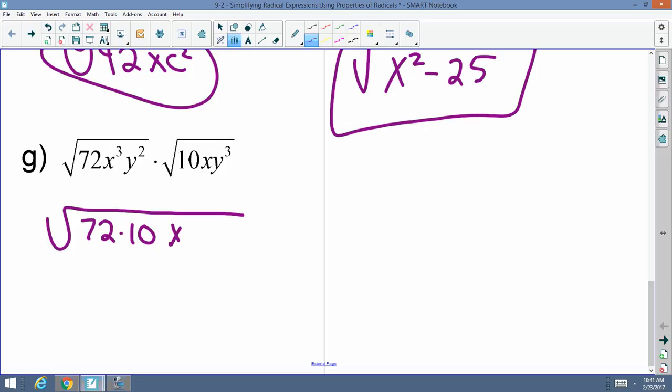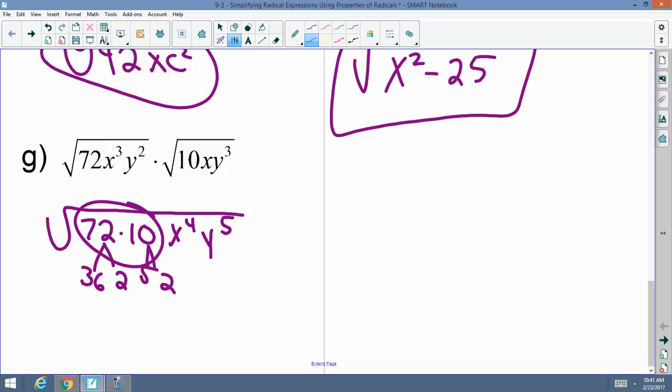And then I have x to the 4th, y to the 5th. Now the reason why I don't multiply these two guys: am I not going to have to break it down regardless? So why go forward when I got to go backwards? So here, actually, I'm going to look for perfect squares. It's 36 times 2, and this is 5 times 2.